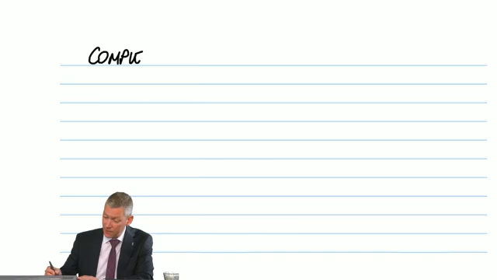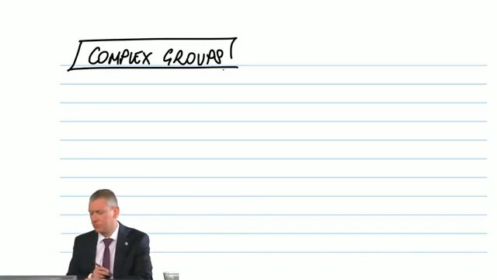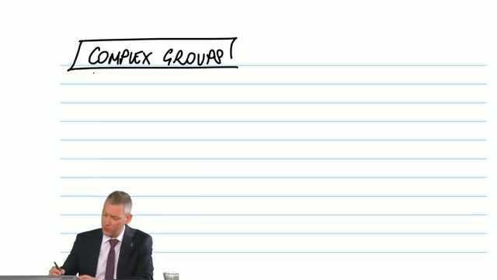In real life, complex groups can get really complex. But for the purposes of the examination, there's only really one possibility, and that's the vertical group.